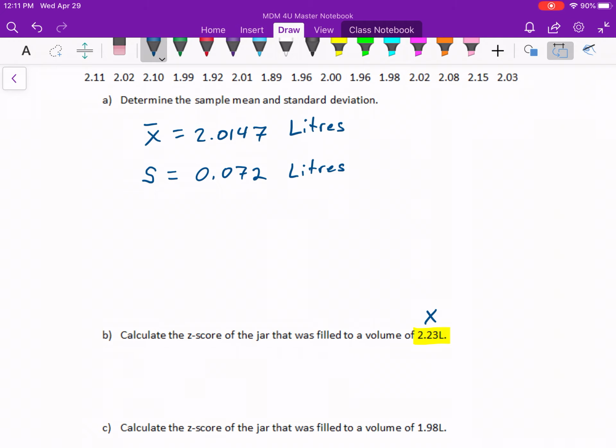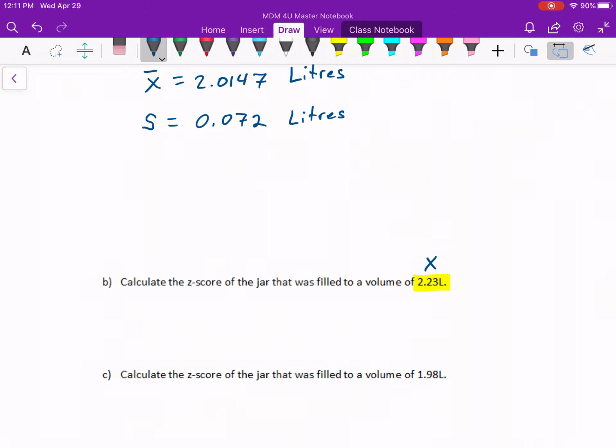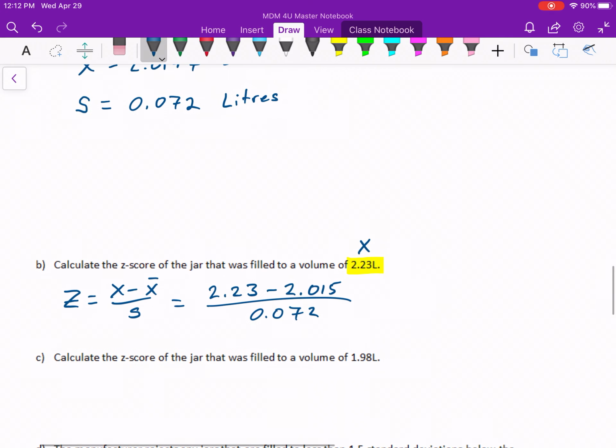That is my value for X. If I want to get the Z-score, it's just a matter of taking the formula X minus X bar over S. So X was 2.23 minus X bar, 2.015, let's round that, divided by the standard deviation, 0.072. That works out to 2.99, so almost 3.